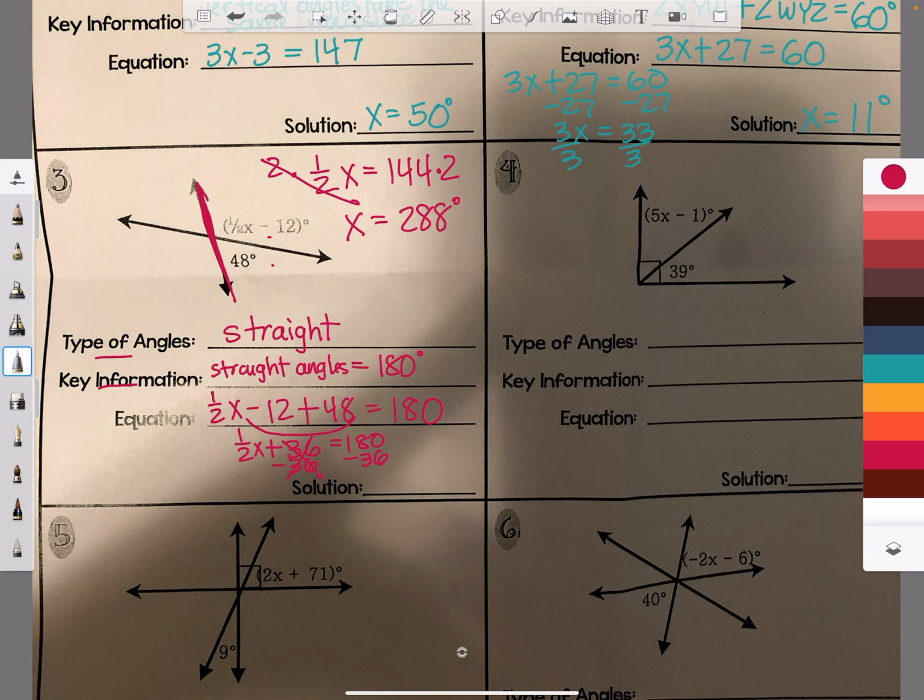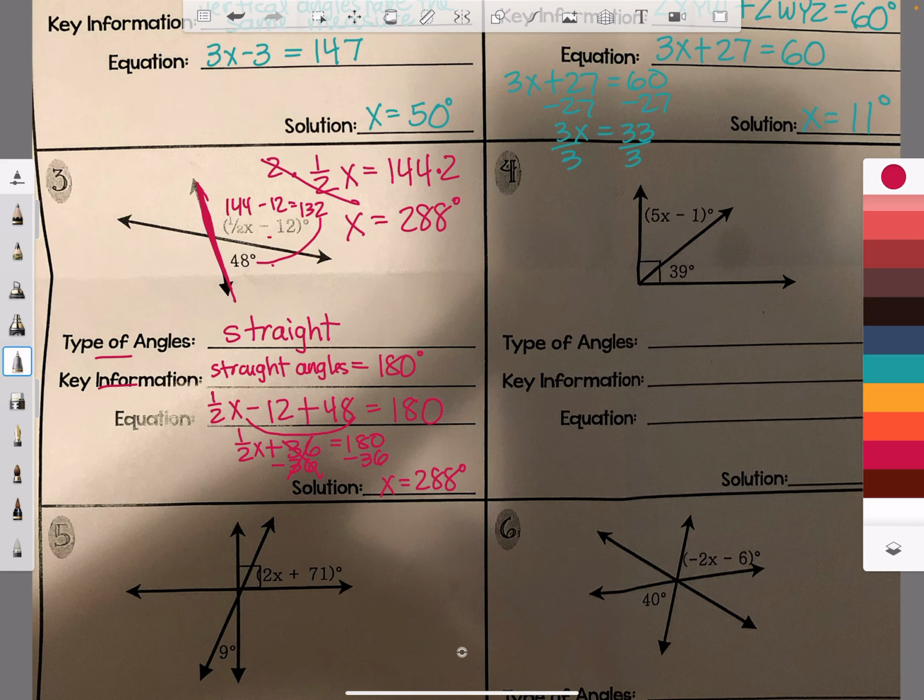Oh no, that can work because we're taking 1/2 of it. So our solution is x equals 288 degrees. If we put that back in here, 288 times 1/2 would be 144, minus 12 would equal 132, and 132 plus 48 is the 180. So yeah, that does work.